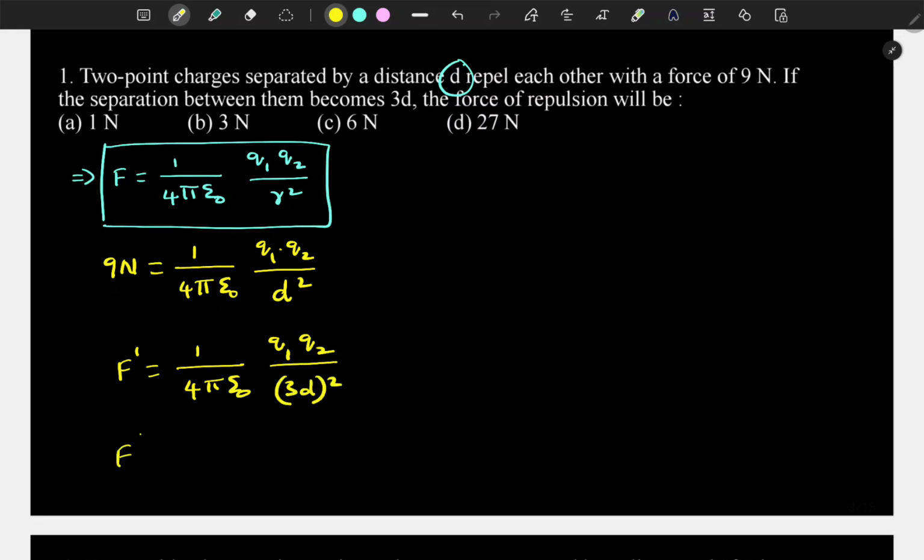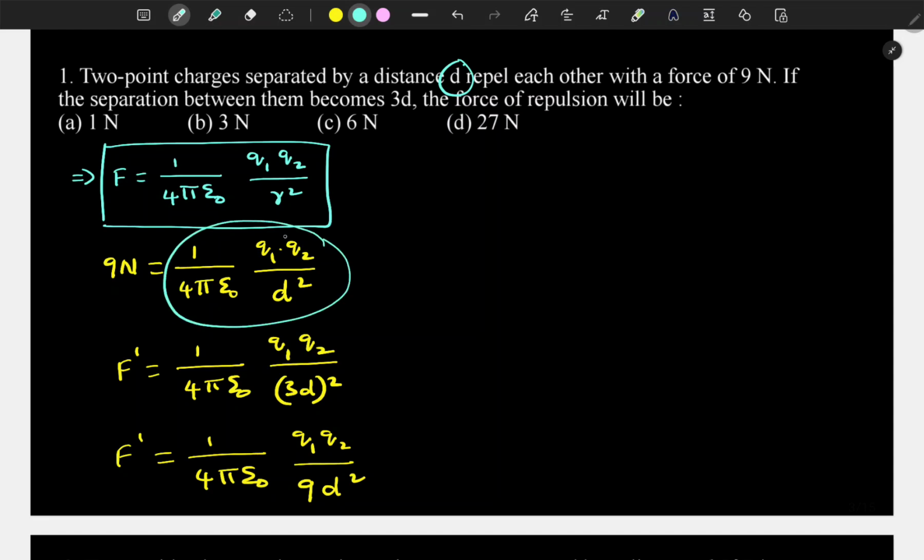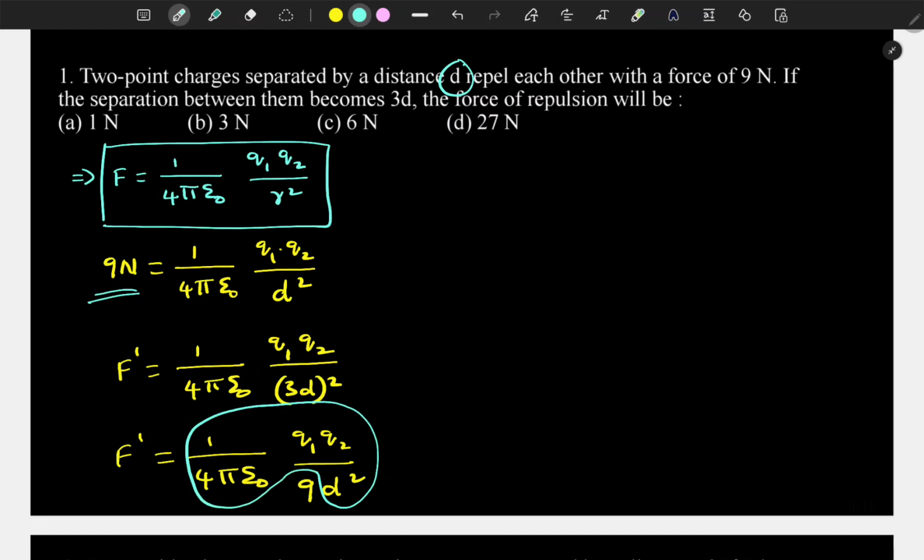So F dash is equal to 1 over 4 pi epsilon naught q1 q2 divided by 9d square. Here, the value of 1 by 4 pi epsilon naught q1 q2 by d square is 9 newtons. So I'll substitute 9 there.